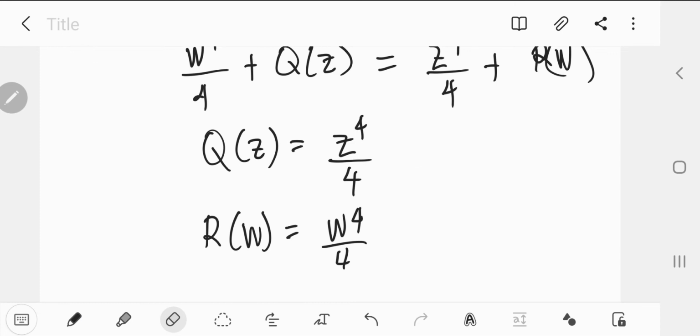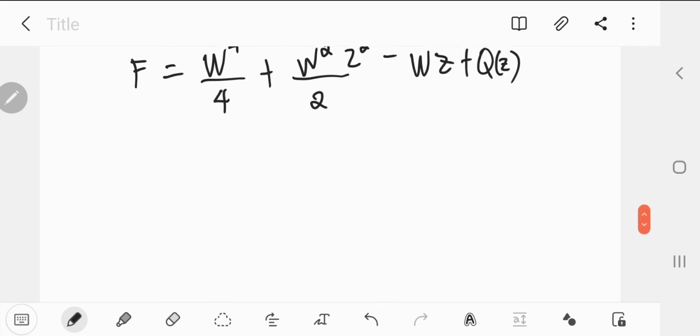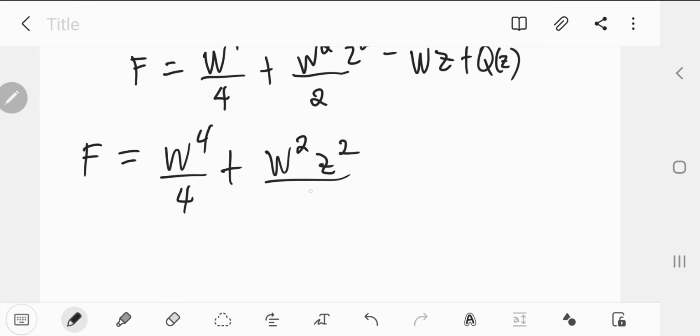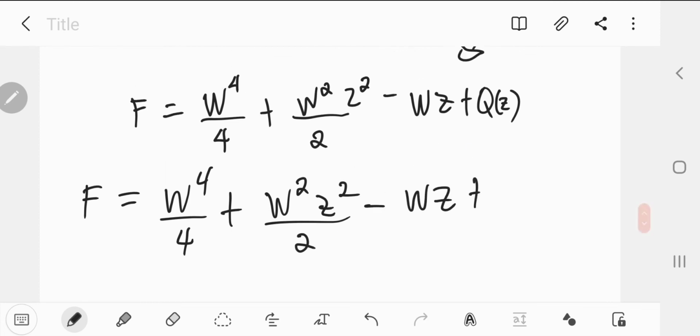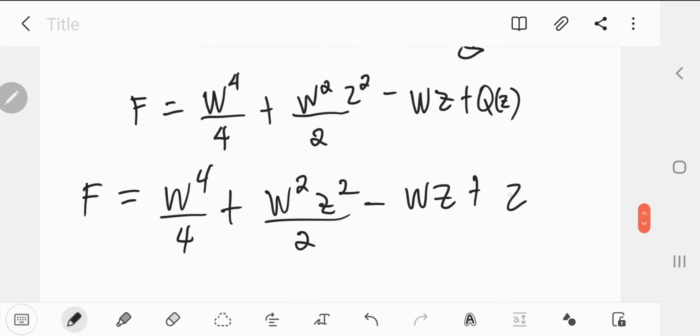And now let us substitute the value of q of z into this equation. So we have f is equal to w raised to 4 all over 4 plus w squared z squared all over 2 minus wz plus the value of q of z, which is z raised to 4 all over 4. And now let us multiply by 4.